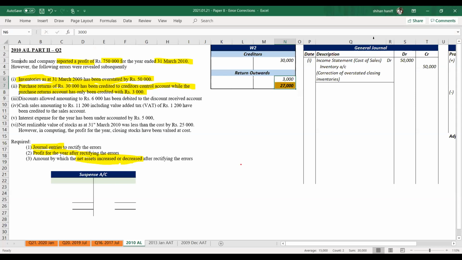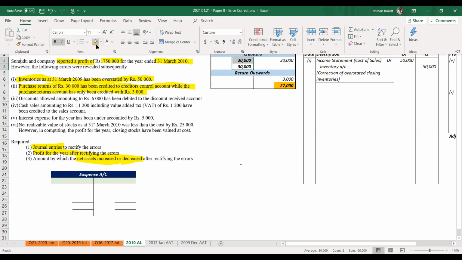What about the other entry? It was credited to the creditors control account. You can't credit the creditors control account, you have to debit. How much do you have to debit? First 30,000 to remove this, and you have to debit another 30,000 as the correct entry.